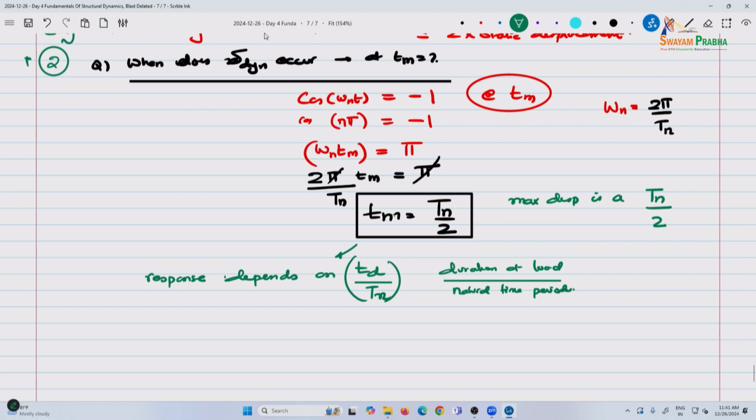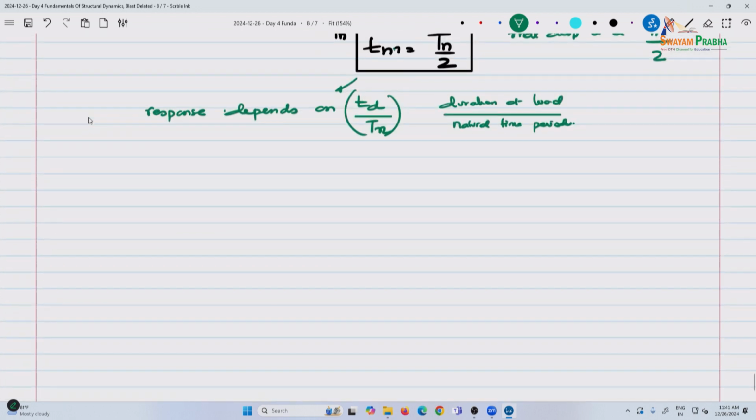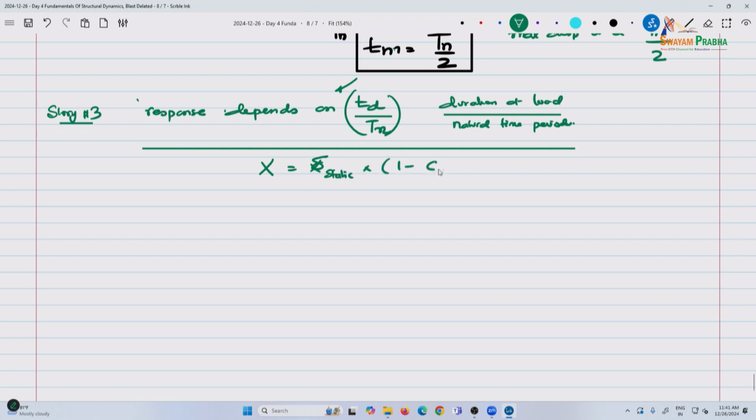So, let us say, story number 3. For this, let us go back to x is equal to delta static multiplied by 1 minus cosine omega n t.